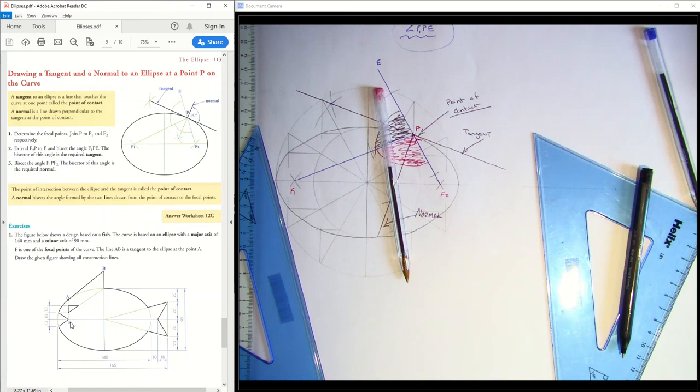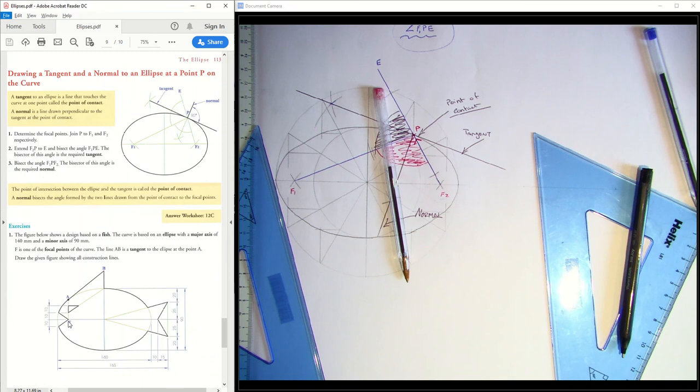Well, we know if this F is one focal point of the ellipse, you are also going to have to find the other focal point in order to find the tangent. Once you find both focal points, I know that it's a tangent to the ellipse at the point A, which is this point here.